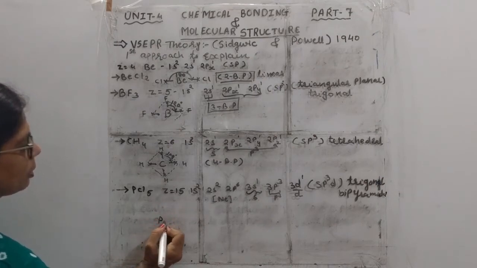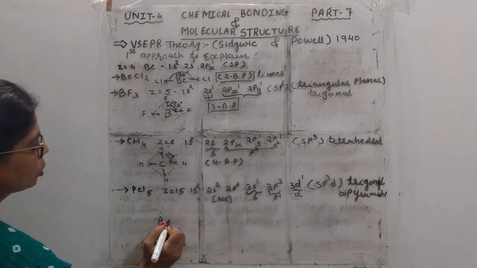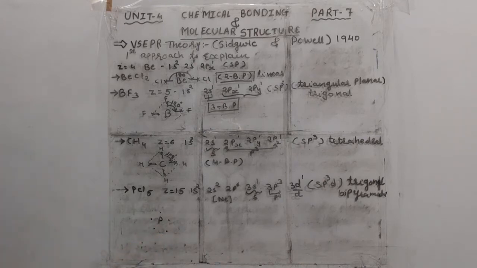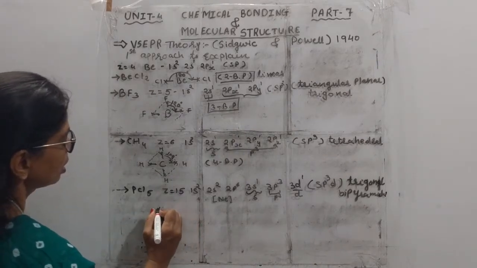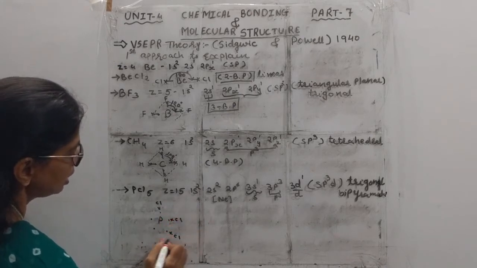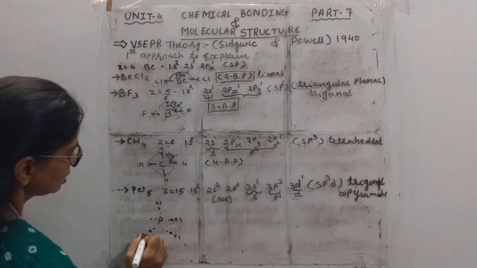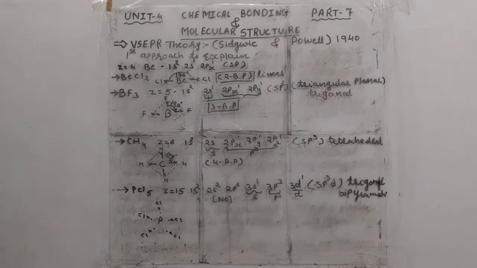Phosphorus is the central atom with how many valence electrons? 5. So 1, 2, 3, 4 and 5 valence electrons the phosphorus has, and Cl, Cl, Cl, Cl and Cl. Students, this way also you can draw, and some children may try to draw in some other way.